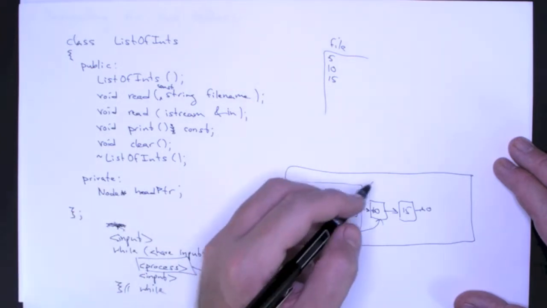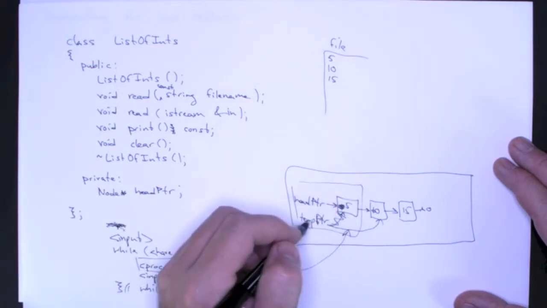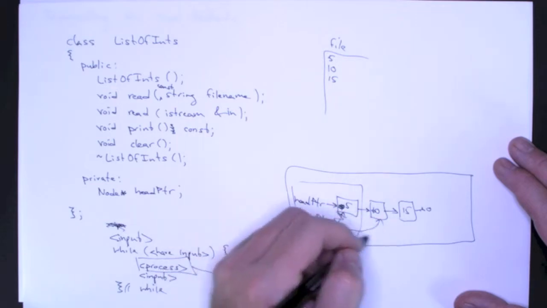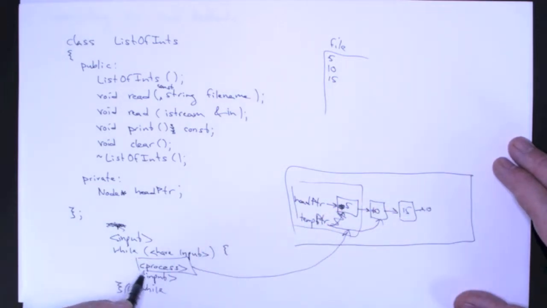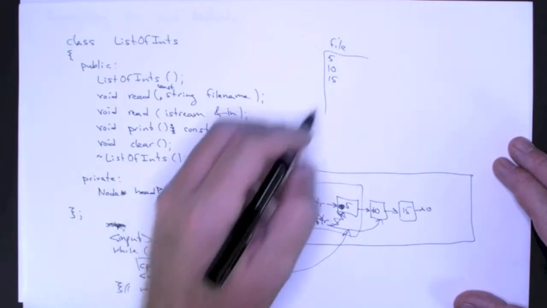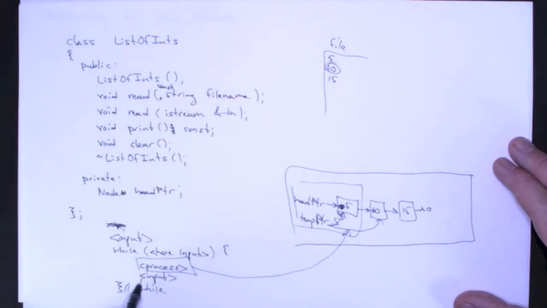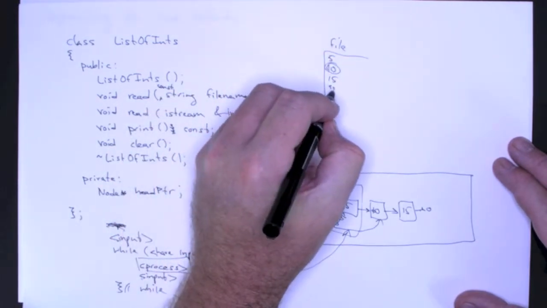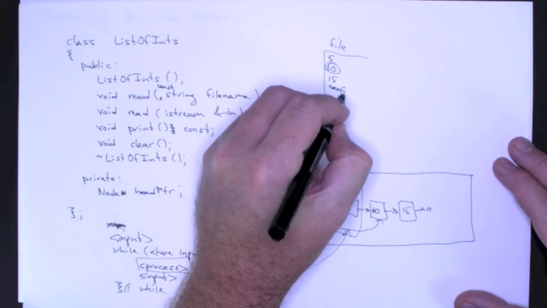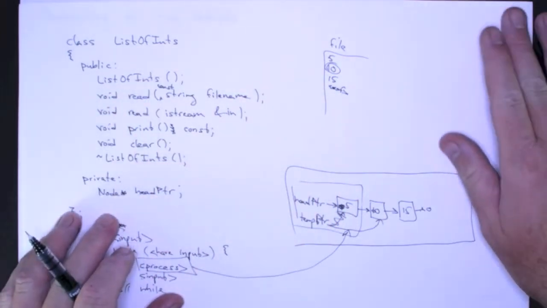But then every time after that, we know that we have a node and temp pointer points to the end, and we'll just be adding on to the end and advancing temp pointer. Once we've done that, we go get another integer, and we just keep doing that as long as we have input. And eventually we read the end of file marker, and we'll stop.